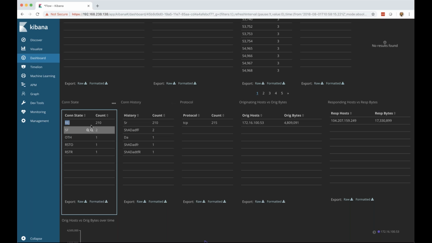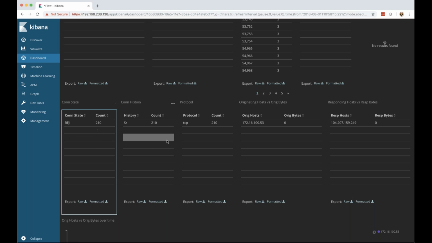So if we look at the history field, it's what they call a uniqueified field. Basically, it's going to keep track of those actual TCP flags that we're used to seeing when we're doing packet analysis, like the SYN, SYN-ACK, and so forth, but it only keeps track of one of them.